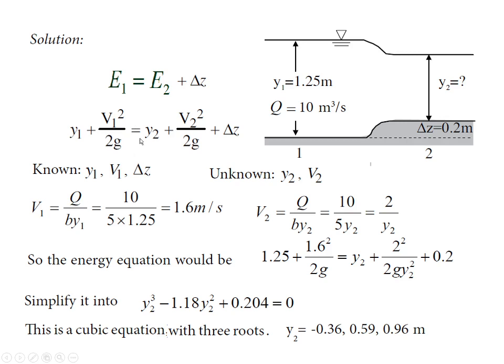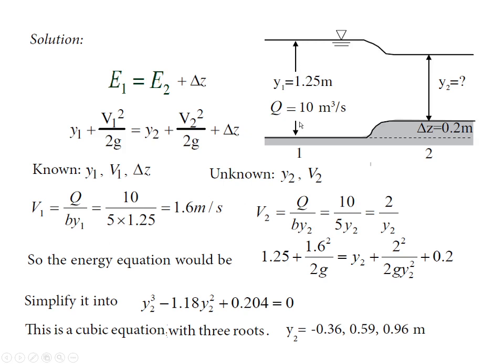Okay, to calculate V1, we divide the discharge by the area of this rectangular cross section, which equals 5 times 1.25. Therefore, from here we can calculate velocity equals 1.6 meter per second. Now I have velocity and y upstream of the hump.